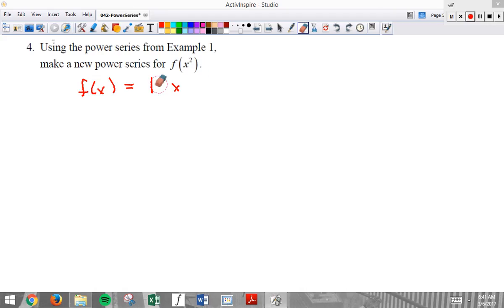Let's write out the function form of it also: 1 minus x plus x squared minus x cubed plus ... plus negative 1 to the n x to the n.